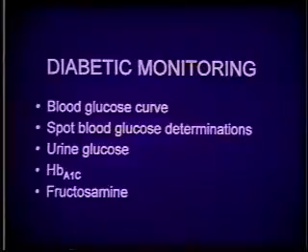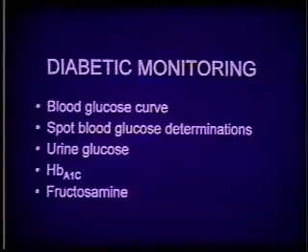The blood glucose curve is the most commonly used in veterinary practice today, where the owner will give the insulin at home in the morning and feed the patient, then bring the dog or cat to your facility, where you will take blood samples every 2 hours and monitor the blood glucose curve over the next 8 to 10 hours, thus giving you a feel for what that patient is doing in response to that morning's insulin injection.